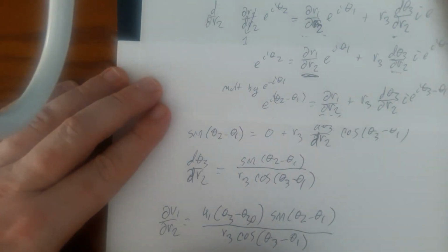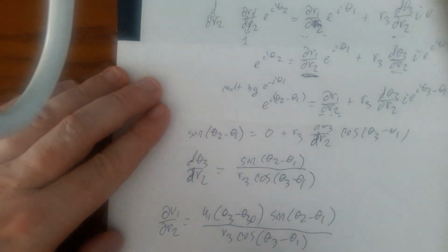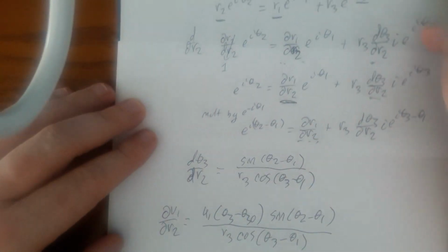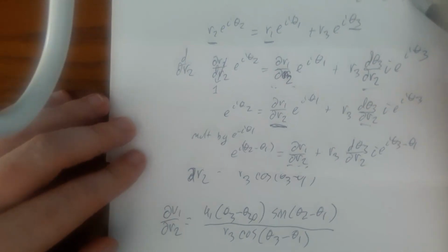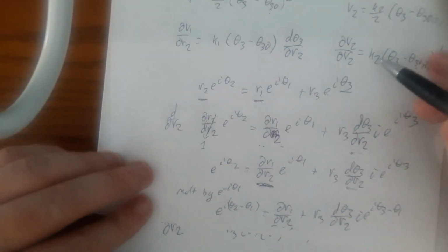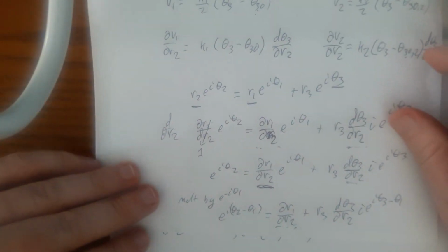And then similarly for the partial of the potential energy, how the potential energy changes when R2 is moved, we can get an expression now for that by just plugging in to this expression for dV/dr2.